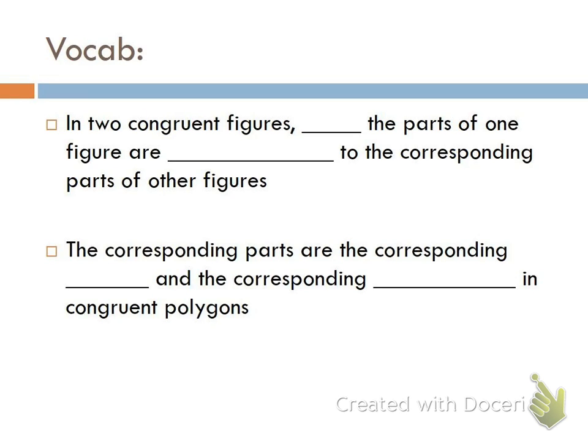In two congruent figures, all the parts of one figure are congruent to the corresponding parts of the other figure. So all the parts have to match up and be congruent from one figure to the other if the two figures are going to be congruent to each other.